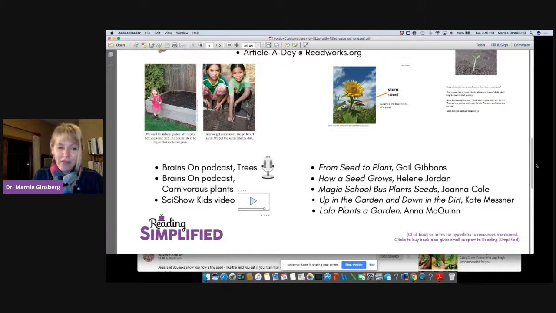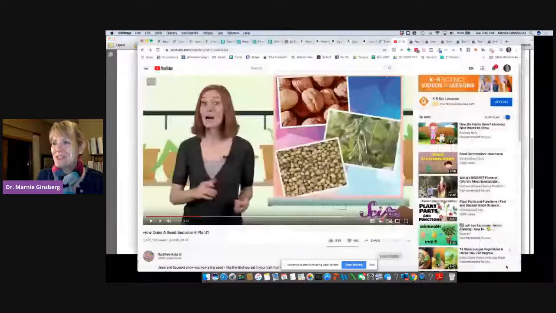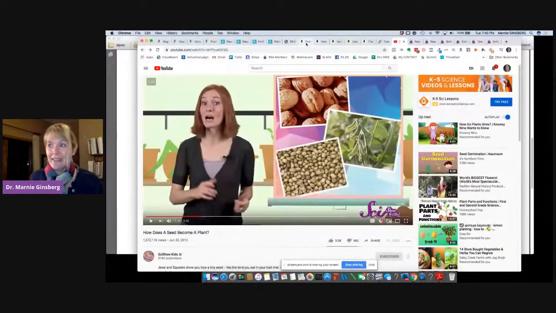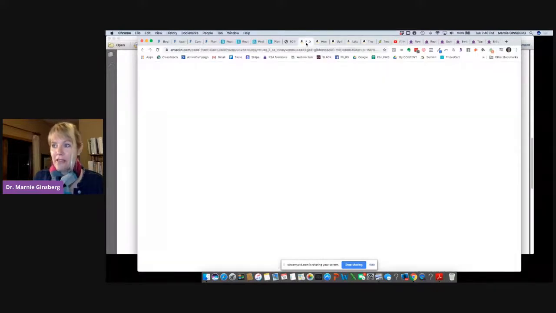So these are some very well-known books that reinforce that concept of seeds and plants and whatnot. If you're doing that, you could pull these books, but if you're not, then just go and talk with your librarian and get a few books to read aloud to the kids and build their knowledge that way.